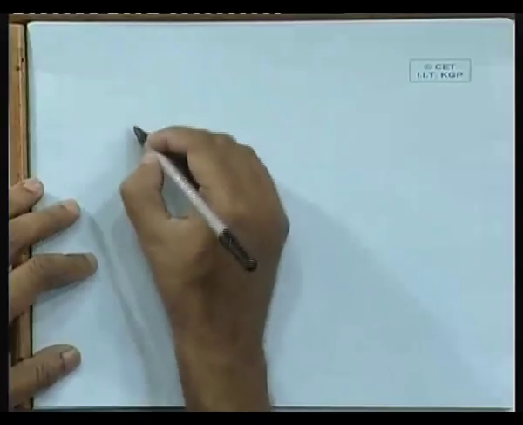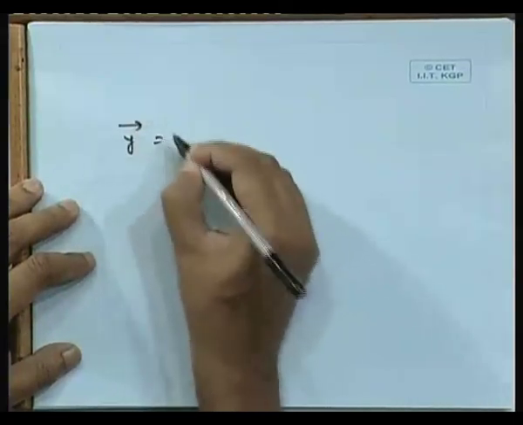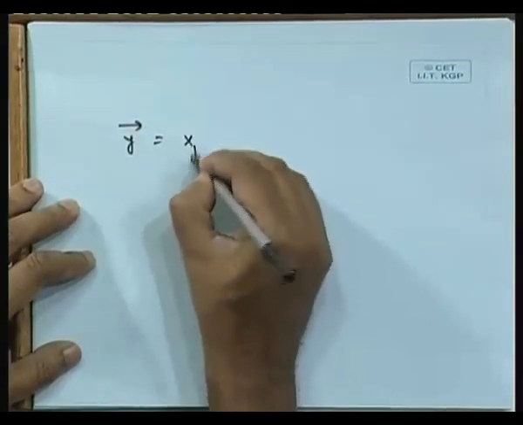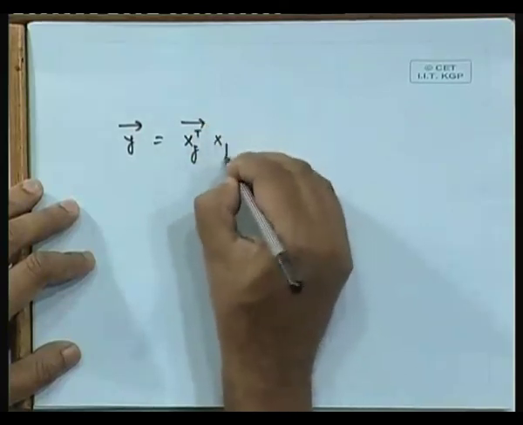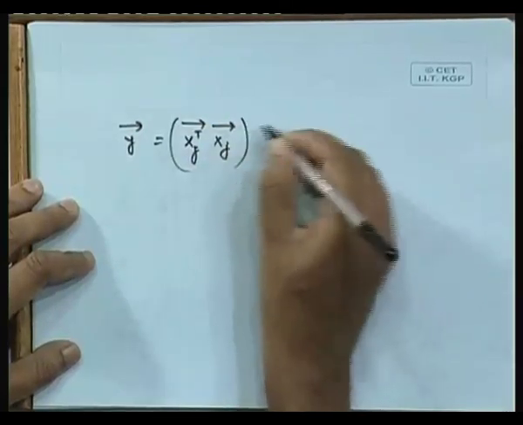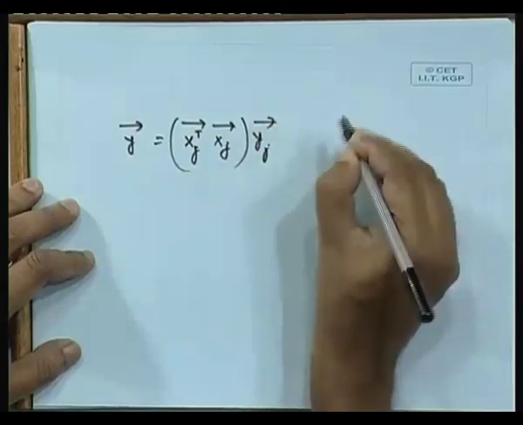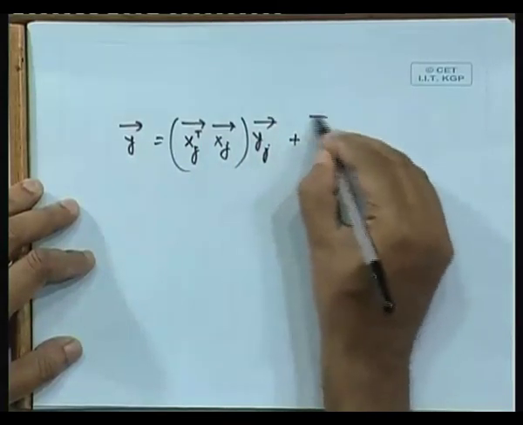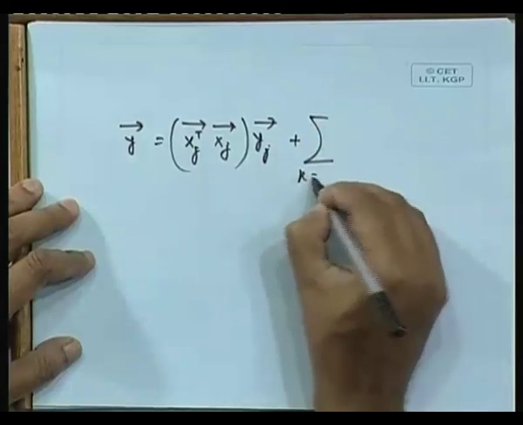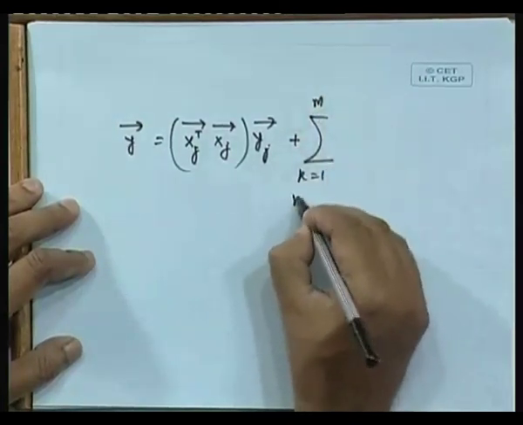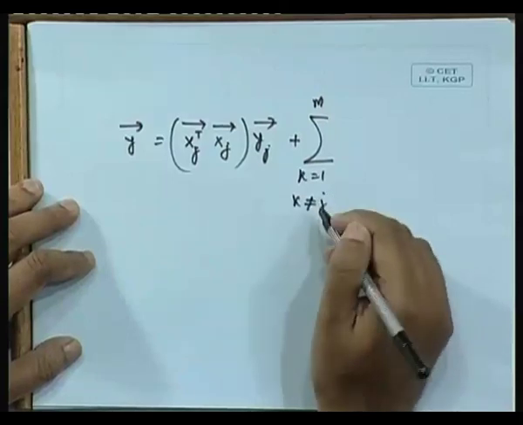So what I do is that this summation that we have got, we are simply separating it out between the jth term and the non-j terms summation. So we can write the y vector as xj transpose xj times yj, taking the jth term out and then keeping the summation as it is from k is equal to 1 to m, only restriction is that not for k equal to j.